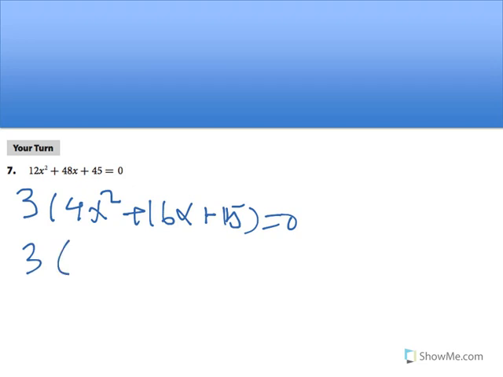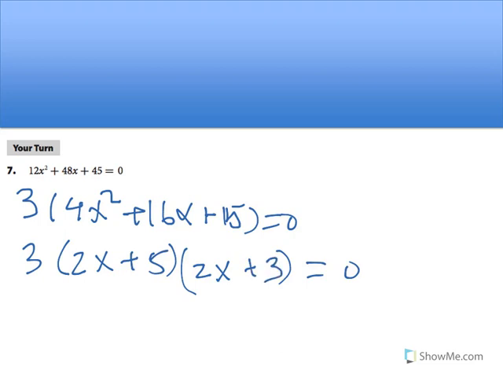Then this part can be factored. 4 is 2 times 2, so 2x and 2x, and for 15 we can do 3 and 5. So this gives us a plus 5 and a plus 3.